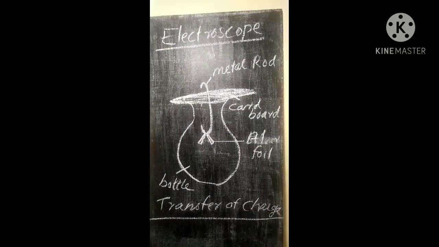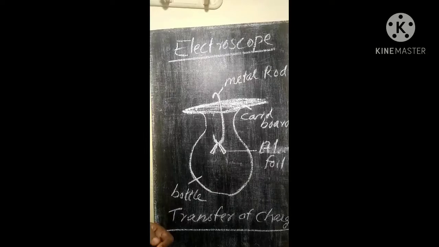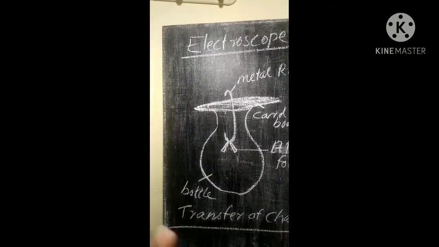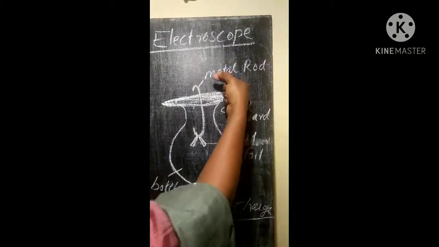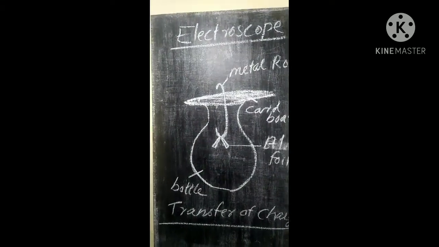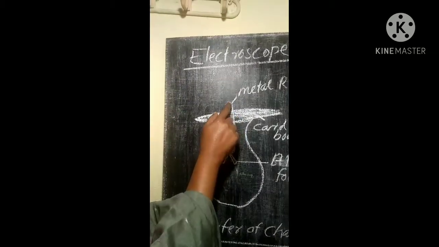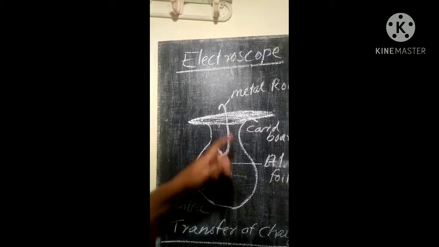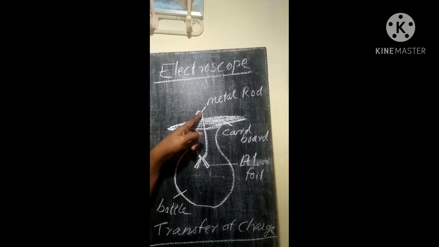Take a scale and rub it against your hair many times, so that the plastic scale becomes charged, and place it in touch with the metal rod of the electroscope.